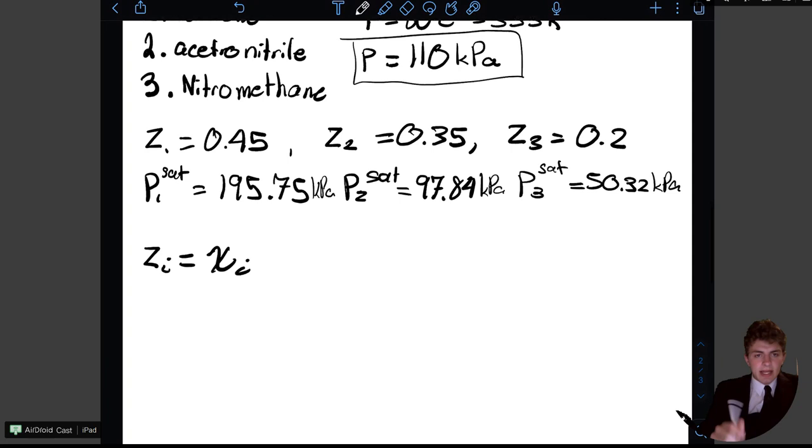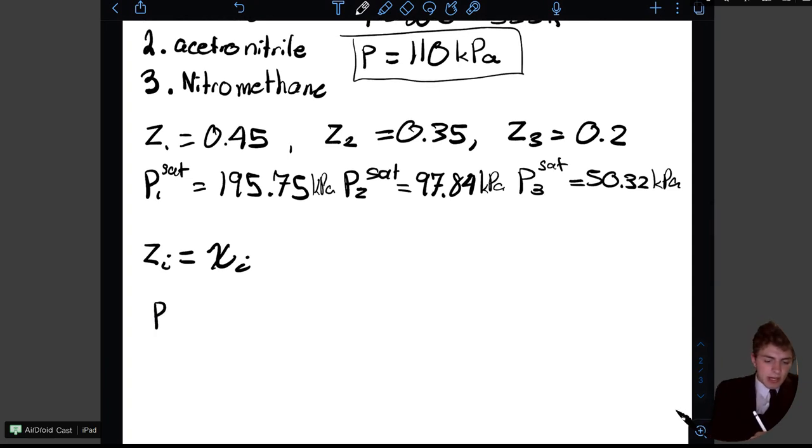So, doing that calculation, the bubble pressure is going to be equal to the sum of our three components' mole fractions multiplied by their saturation vapor pressures.